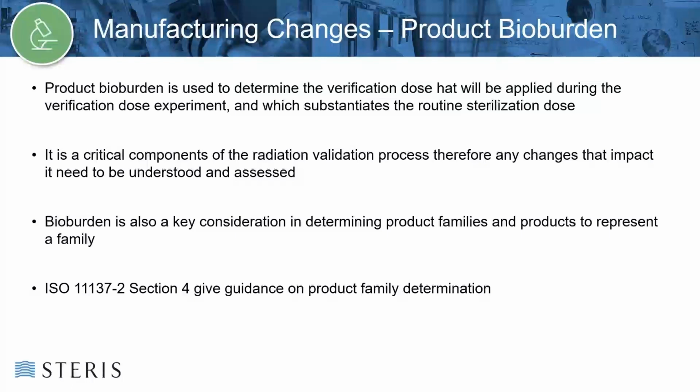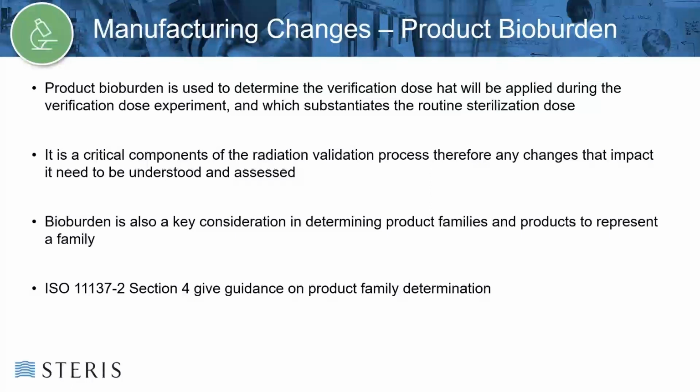Under radiation validation process, product bioburden is also a key consideration in determining product families and products to represent a family. As outlined in ISO 11137-2, Section 4.1, definition of product families is based principally on the number and types of microorganisms present on or in the product, the bioburden.